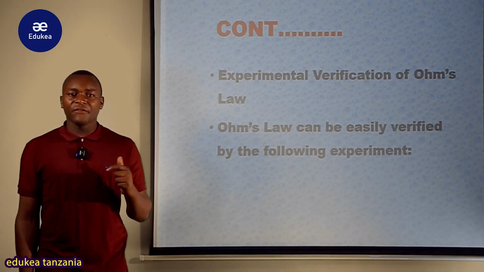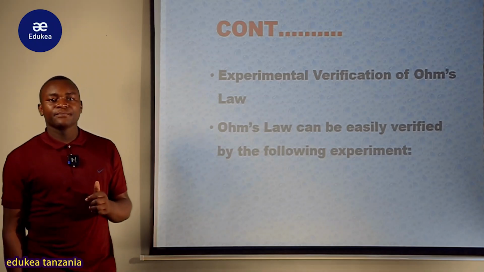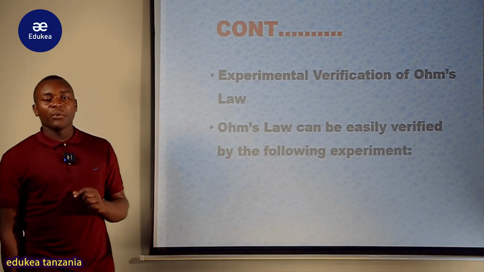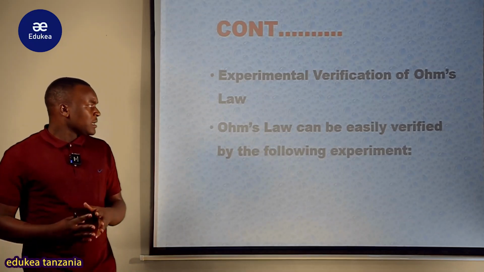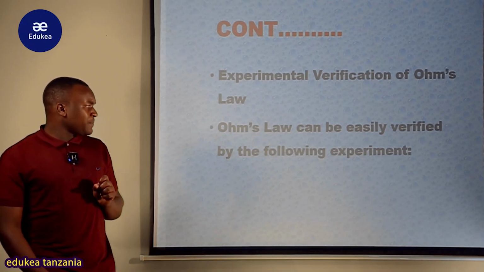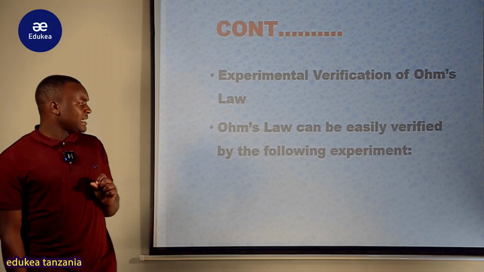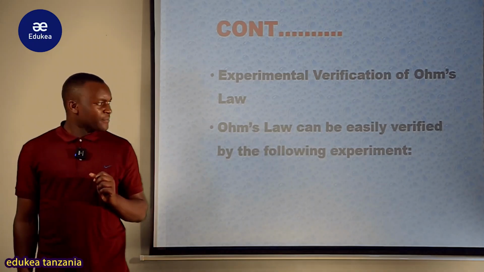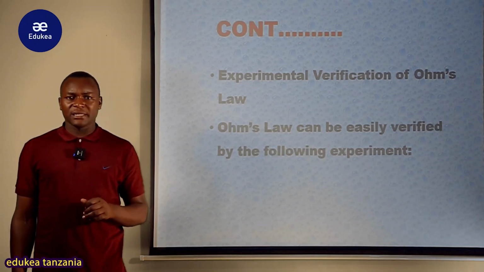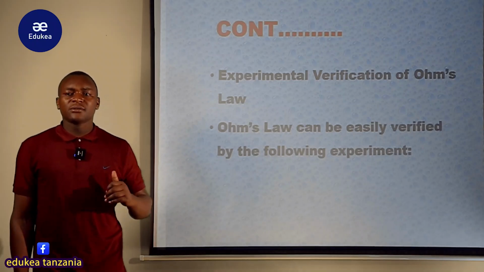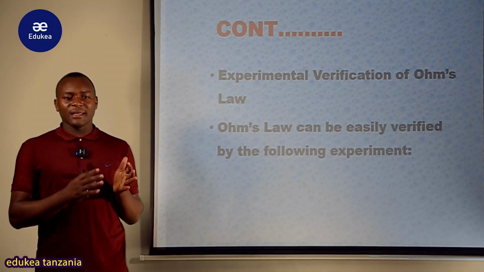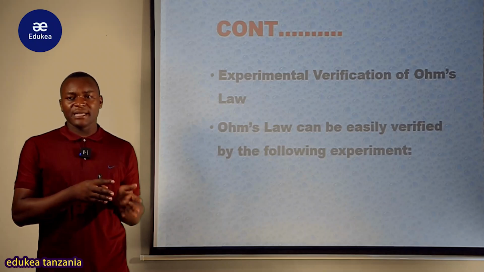With the aid of a diagram or a circuit diagram, we have to explain. We say that Ohm's law can be easily verified by the following experiment. It means we can verify Ohm's law by using a laboratory experiment.